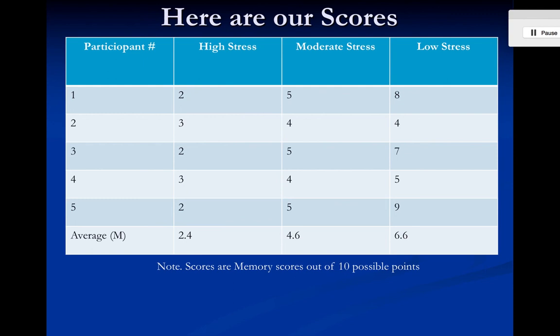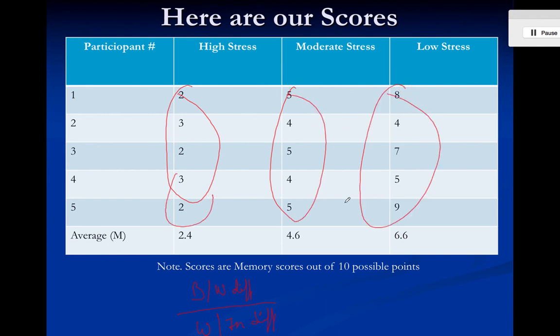Remember, what we're dealing with here is the between groups differences divided by the within groups differences. So if there's a lot of variability within each one of the groups, this number will be high.